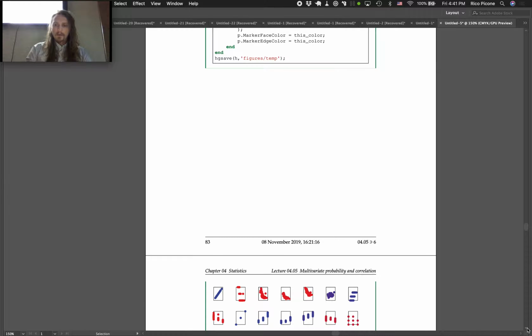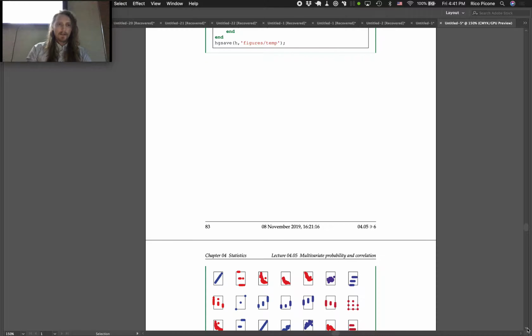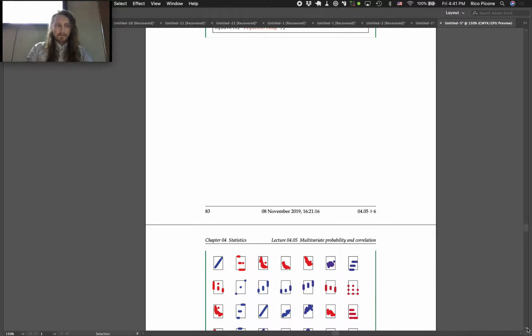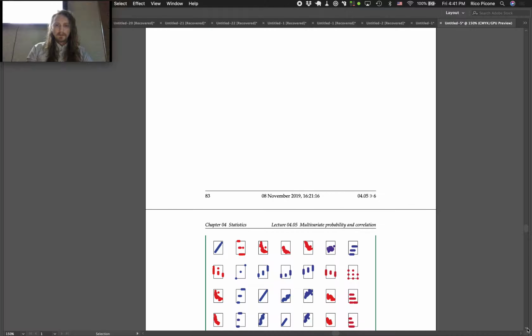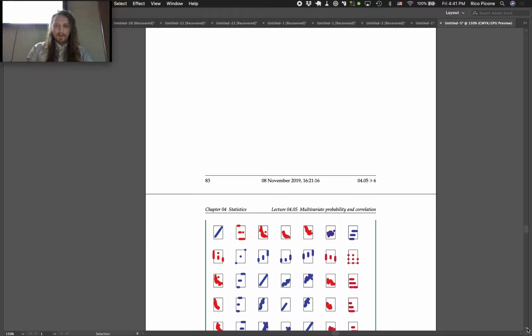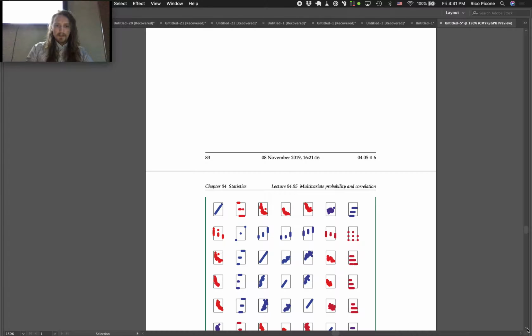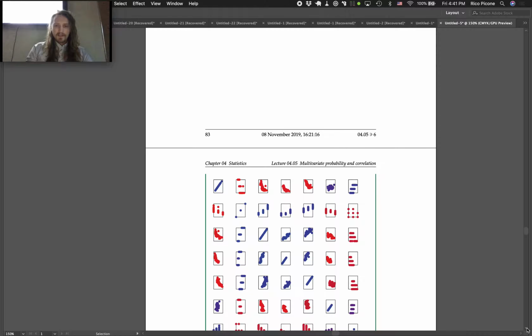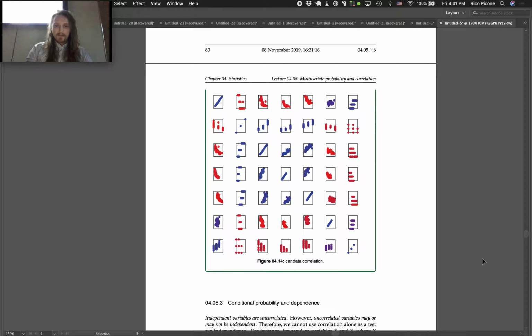Probably should have rasterized this graphic. I think the graphic is giving my graphics card a run for its money, but slowly coming into view here.